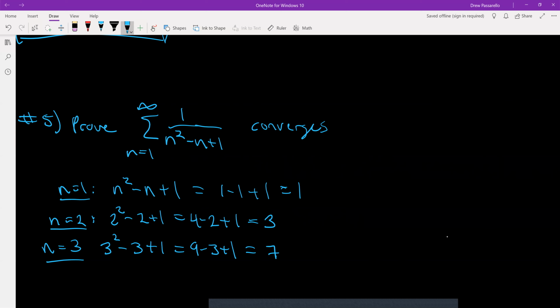Now if we had n squared, when n is 1, that's 1. And then n is 2 is 4.